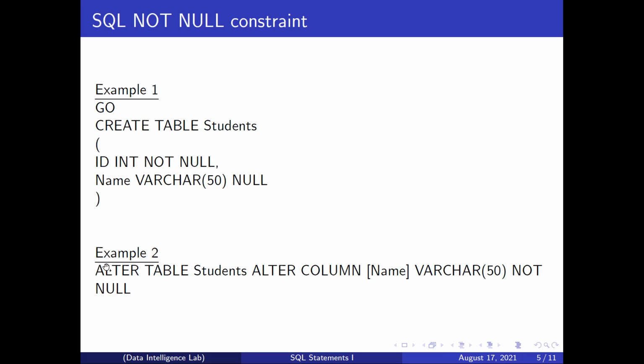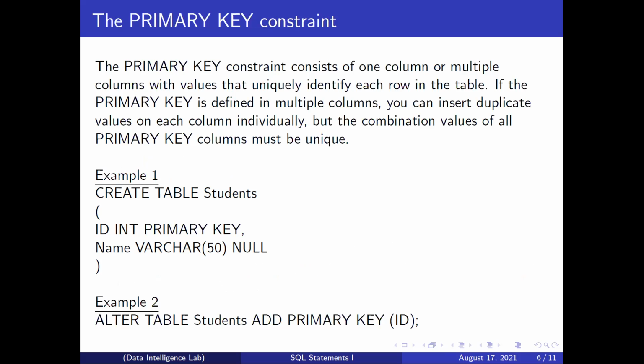The alter command defined on your table will be used to change the constraint value on that table. So this is an example of how you can use the alter command to change your SQL not null constraint.